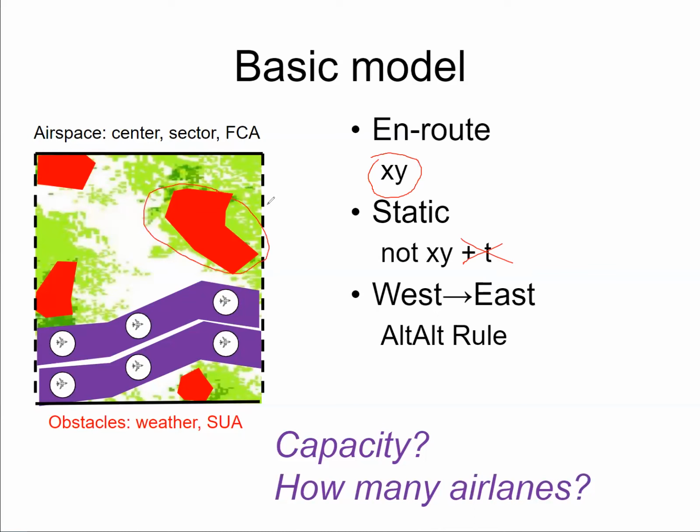Maybe we are considering a short time horizon when the weather systems don't move, or maybe these obstacles represent some special use airspaces like military airspaces, some other no-fly zones. And we're only considering flow going in one direction, in this case, from west to east. So we don't consider the crossing flow, which could go like this. Partially, this last assumption is justified by the so-called alternating altitude rules, when the air traffic going in different directions is kept altitude separated.